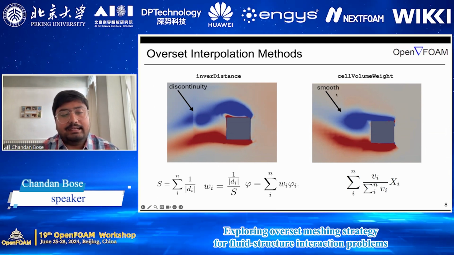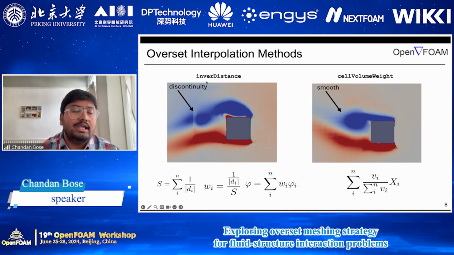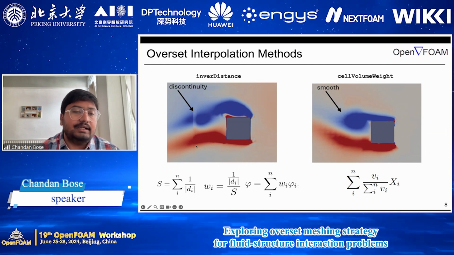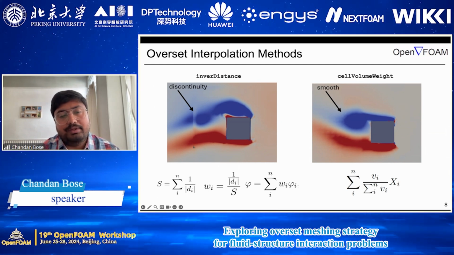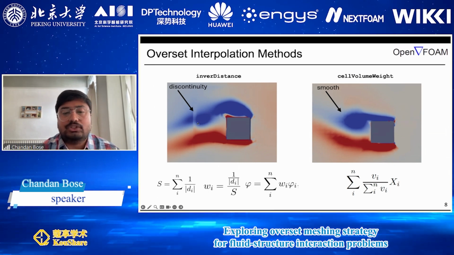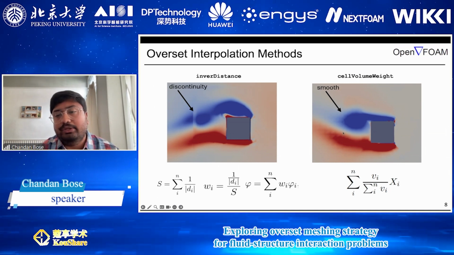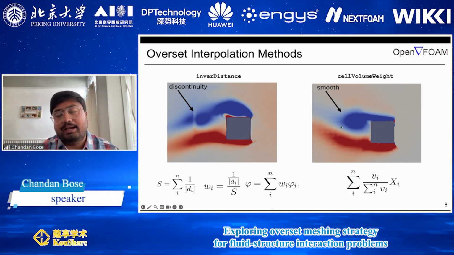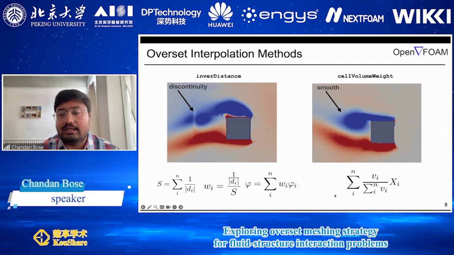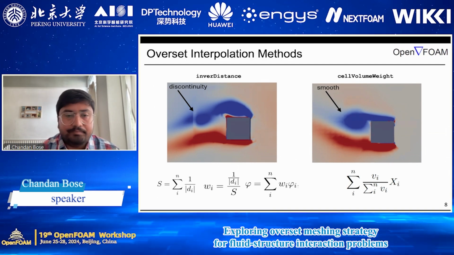At least for this case and for the solver setup that I've used, the inverse distance gives a discontinuity at the interpolation patch or the overset boundary, which is not expected. Whereas by using the cell volume weight, and carefully choosing the grid resolution, we could remove that kind of non-physical discontinuity.